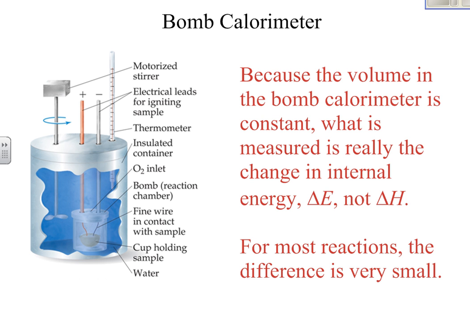Now, the one downside to the bomb calorimeter is that because it's constant volume, you're really not measuring the enthalpy, because you're not doing any work on the surroundings or the surroundings on the system. So you're actually calculating the internal energy, delta E, and not delta H, the enthalpy. For most reactions, however, the difference in value would be very small.